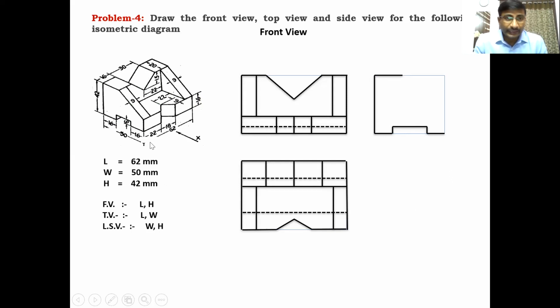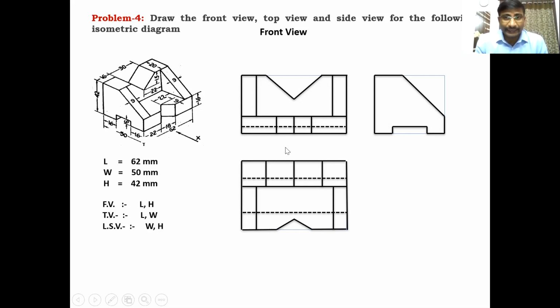This line length is 16 mm. Like this, you have to draw these lines. From this corner, you have to draw a vertical line up to a height of 16 mm. Join this 16 mm end point to this point, that is an inclined surface. Clear? Like this, you have to draw a side view.